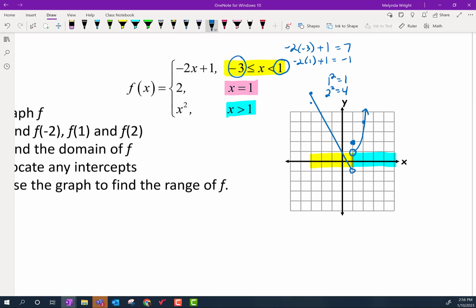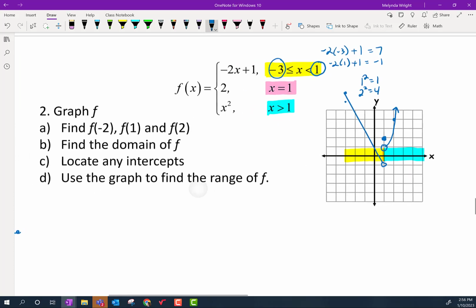All right, so how's our graph? How are we doing? So let's look at what they want us to find. Part A, they want us to find f of -2. Well, we can look on the graph, -2.